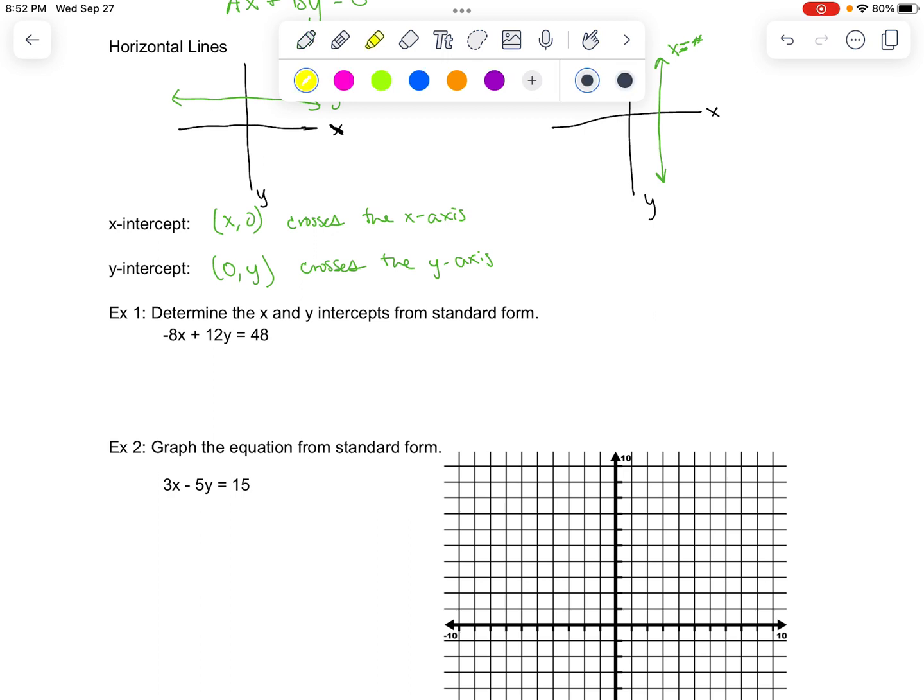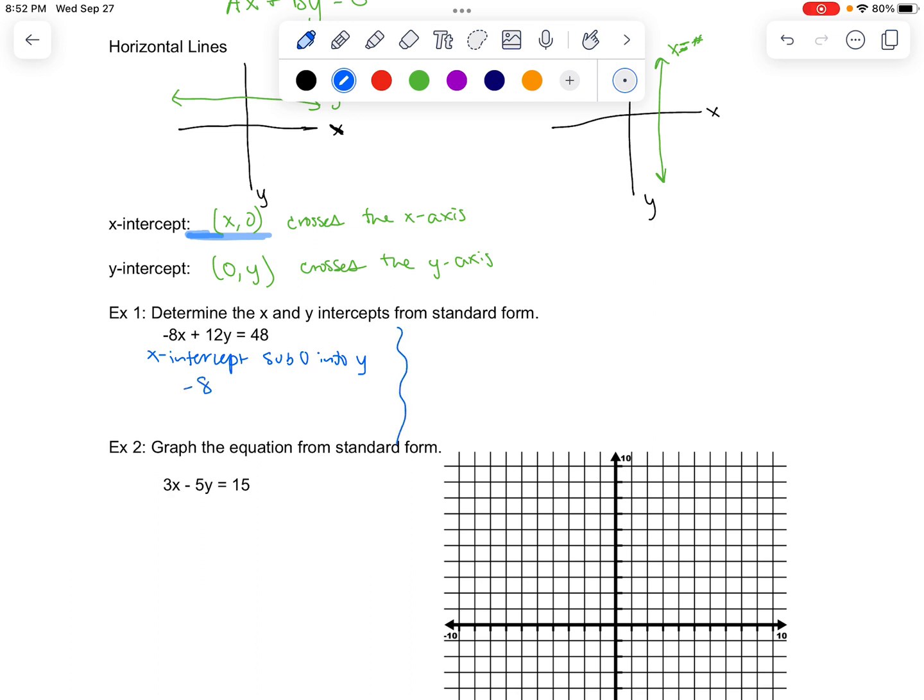So if I'm looking at the x-intercept, I notice here that the y equals 0. So if I'm looking for the x-intercept, what I'm going to do is I'm going to sub 0 into y.